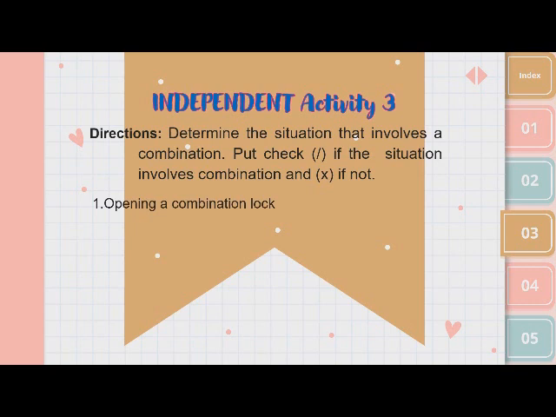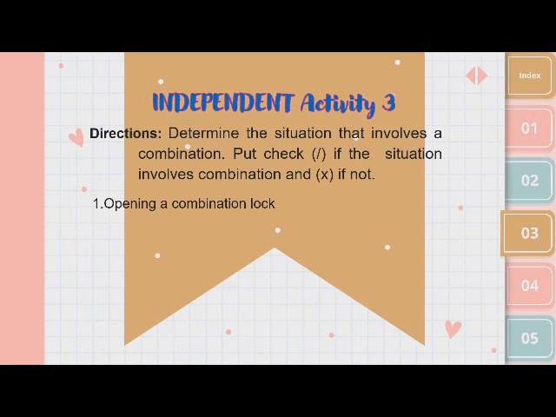Opening a combination lock. Before you answer or put a check or an X here, analyze the problem. In a combination lock, you need to arrange the numbers before you open it. Once you did not get the correct arrangement of the numbers, you cannot open it, right?